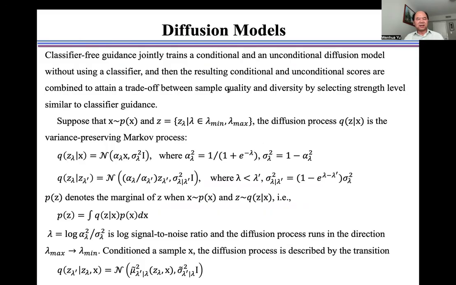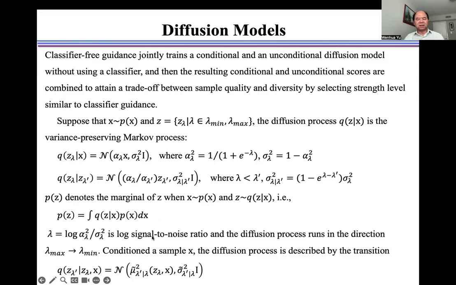Suppose that X is sampled from P and Z depends on lambda. The diffusion process Q is a variance preserving Markov process as shown here. This is the transition. P denotes the marginal of Z when X is sampled from P and Z is sampled from Q as shown here.